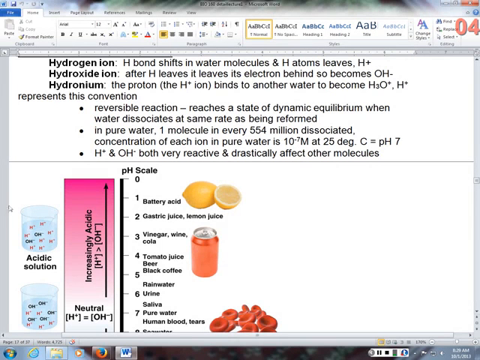What the pH represents is the negative log of this number. So that's where the 7 comes from. And the reason we care about pH is both the hydroxide ion and the hydrogen ion are very reactive, and they can drastically affect other molecules.